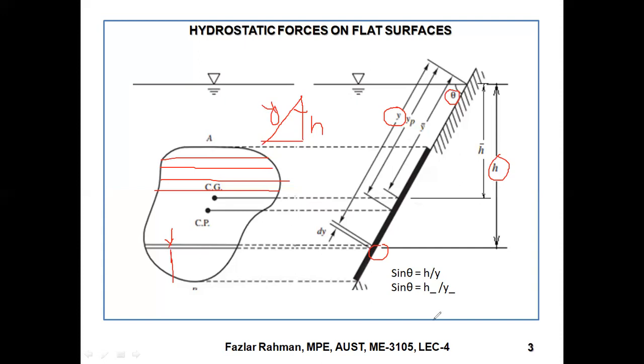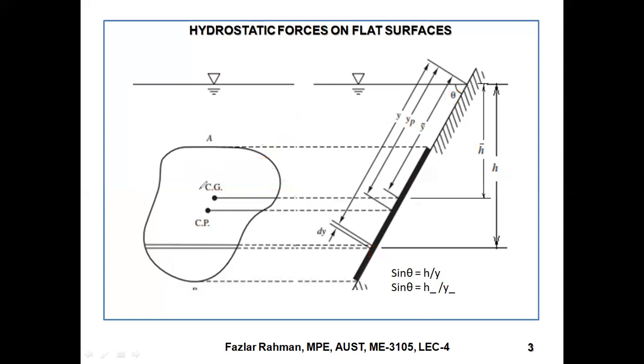Now obviously this structure has a center of gravity, right? And it might be anywhere. The figure is showing it at the top, but we don't know, it is just showing one location. And the center of pressure works right over here.